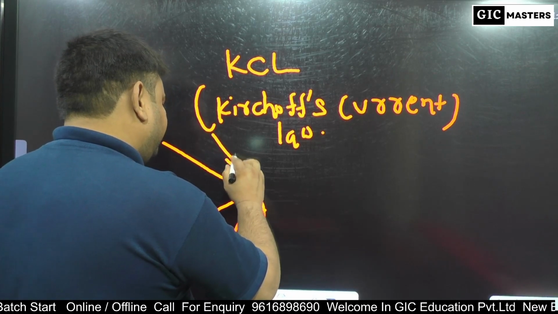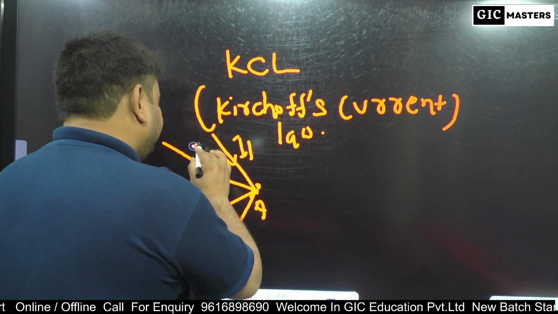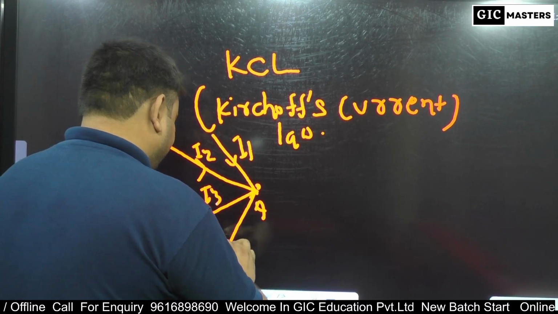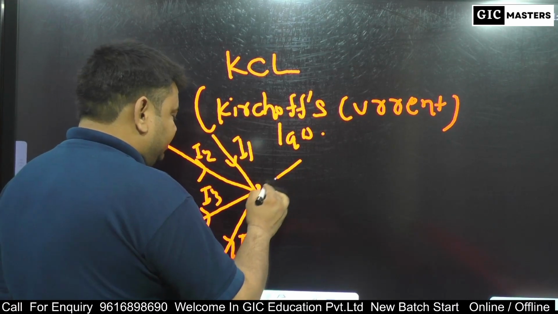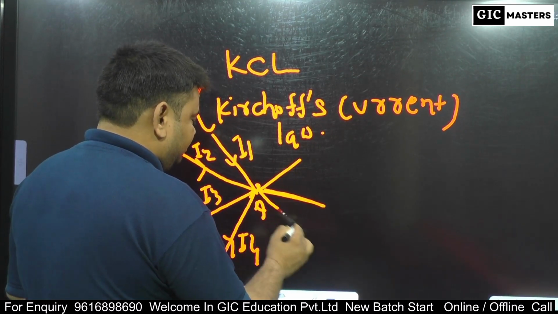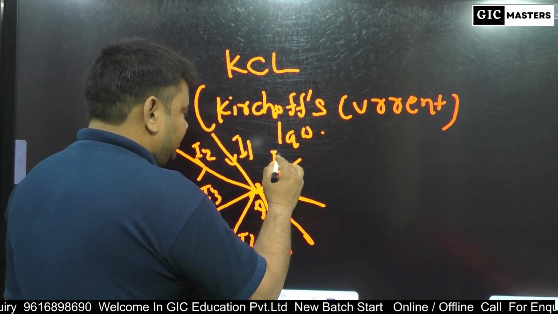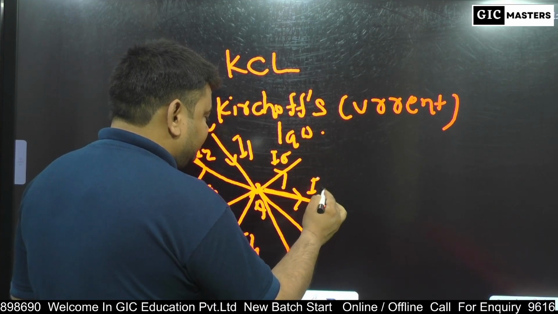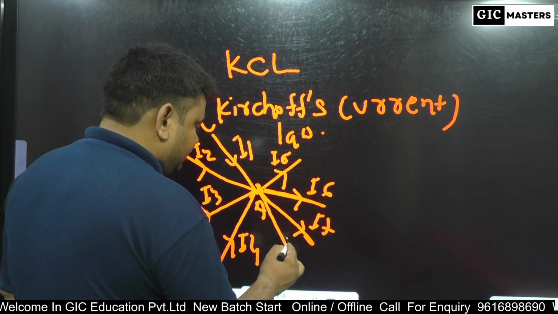There are 4 incoming currents, I1, I2, I3 and I4. Similarly, 4 outgoing currents, I5, I6, I7, I8.